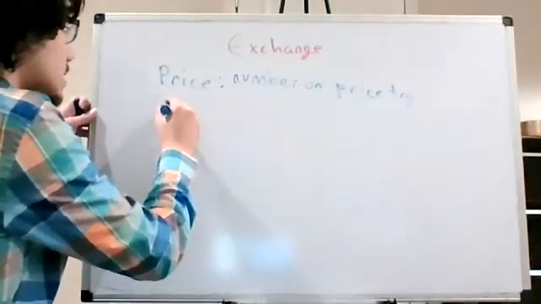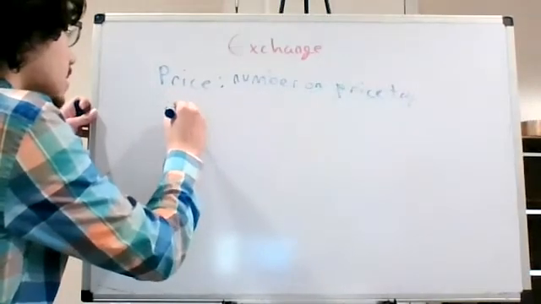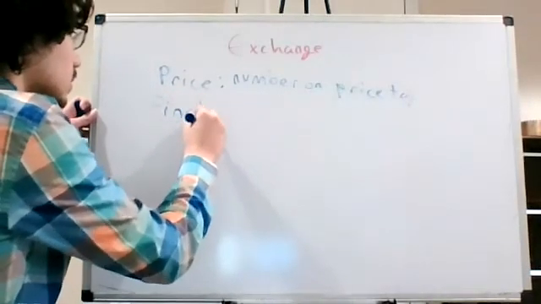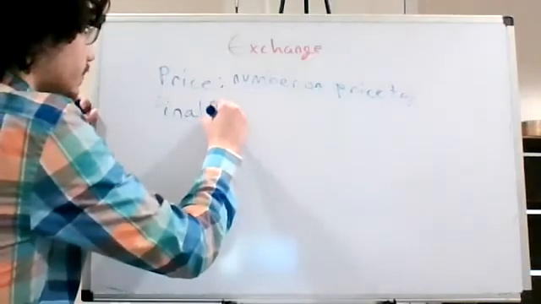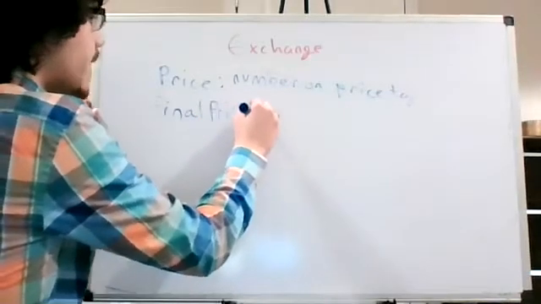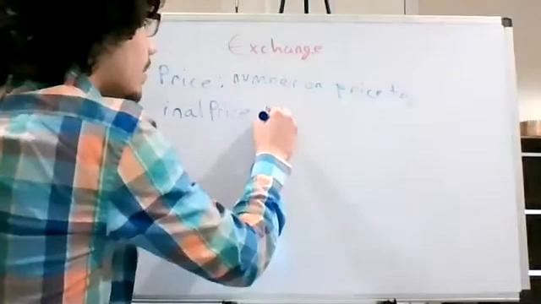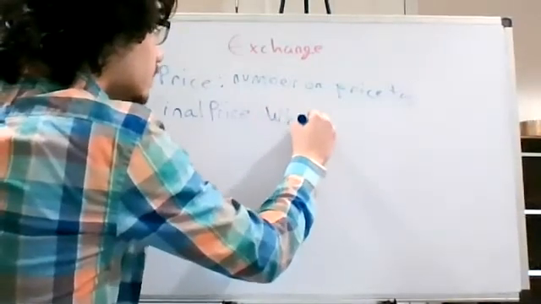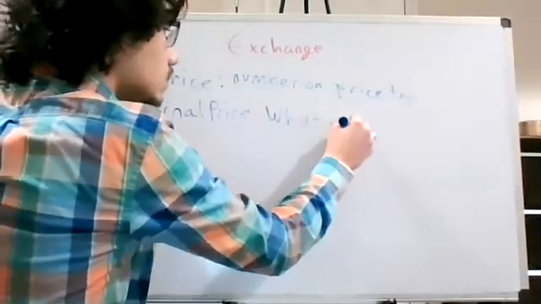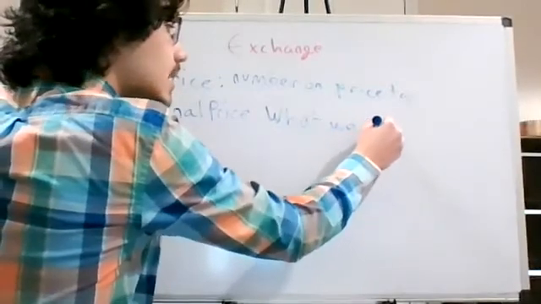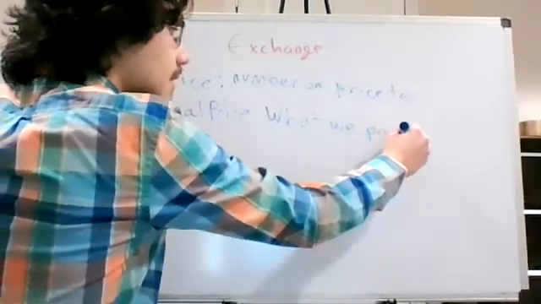Sometimes the price in the store has the final price on it already. The final price is what we pay. It is the last number and the end of the calculation.